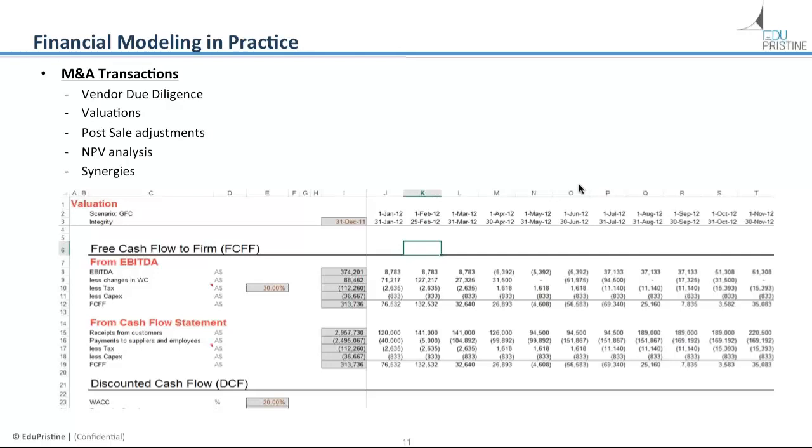Things like post-sale adjustments. When you're selling a business, often the time frame that you have to sell a business is much shorter than what you realistically can pull all the information together. Things like stock. If you look at multi-million-dollar multinational businesses, often the inventory of the business is the hardest thing to quantify. You might have all sorts of things like obsolete lines.